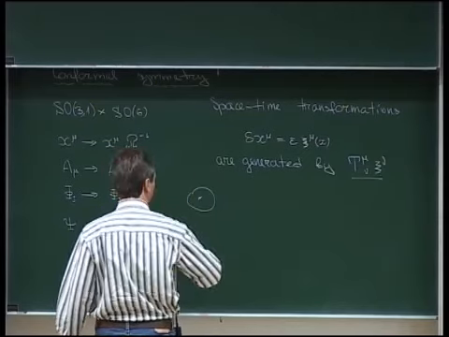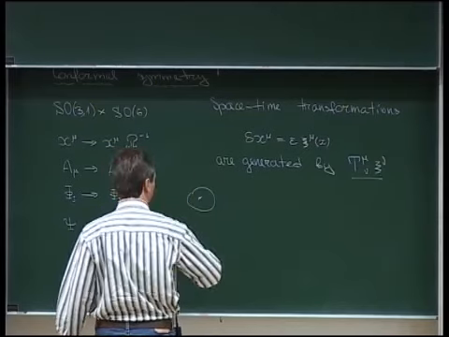So the integral goes over the sphere of radius r. And we integrate the flux of the corresponding current around the sphere. So n_mu is the unit vector pointing outwards.